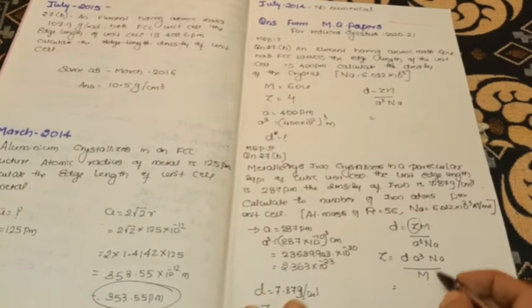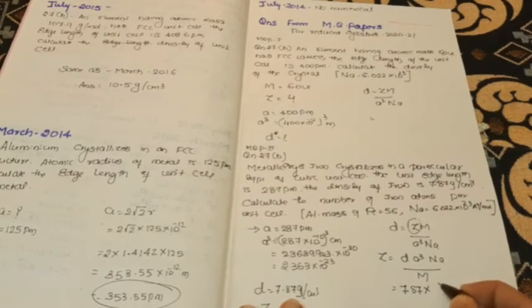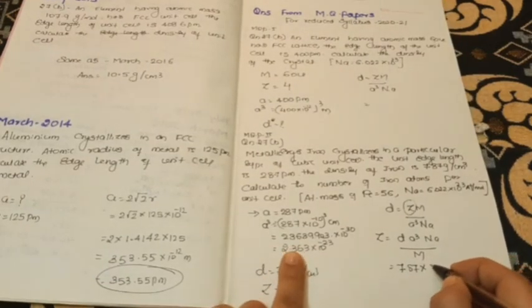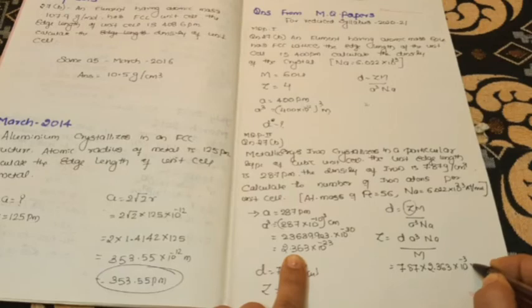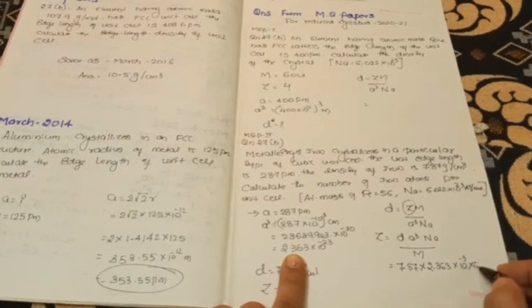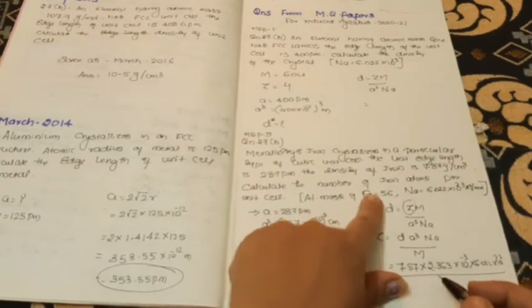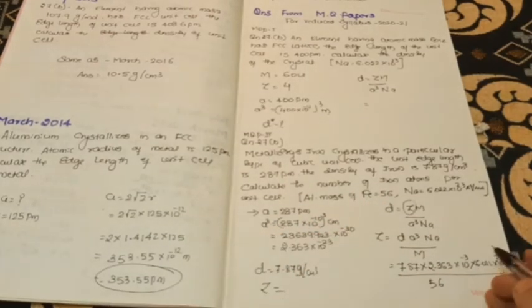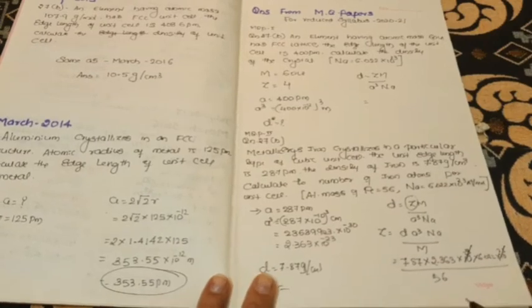What is the density value, dear students? 7.87. What is the a cube value? Here it is 2. I have shown how to do this, so do follow it. Into N A, which is 6.022 into 10 power of 23, whole divided by the M value, 56. Plus 23 minus 23 will get cancelled.